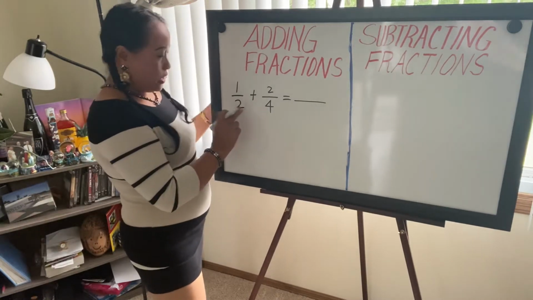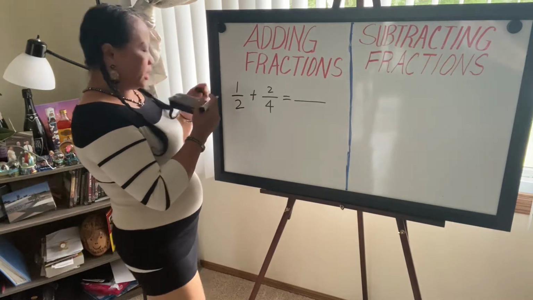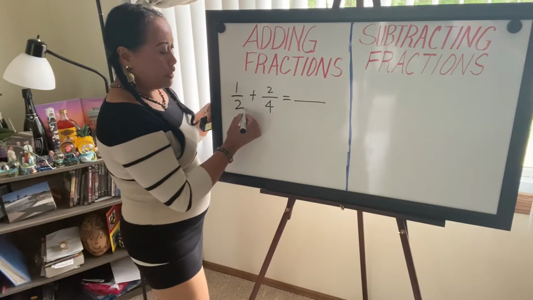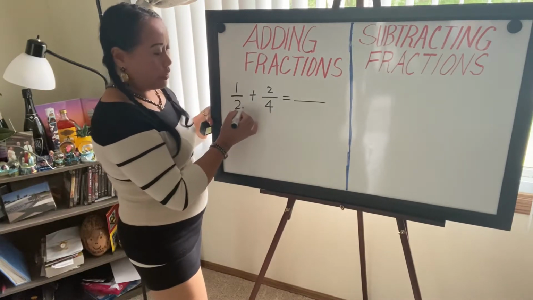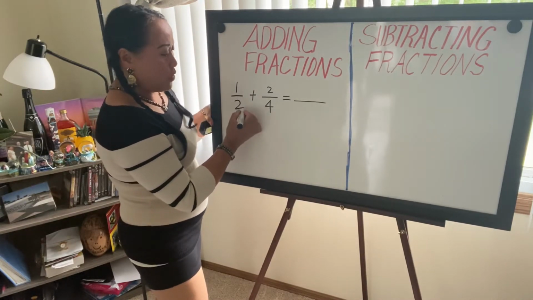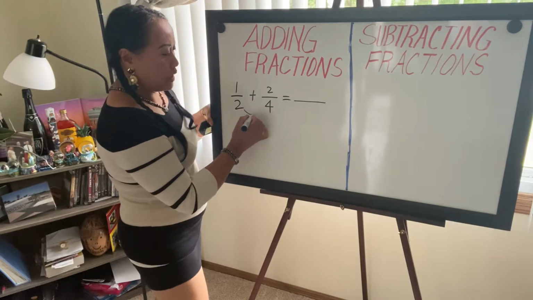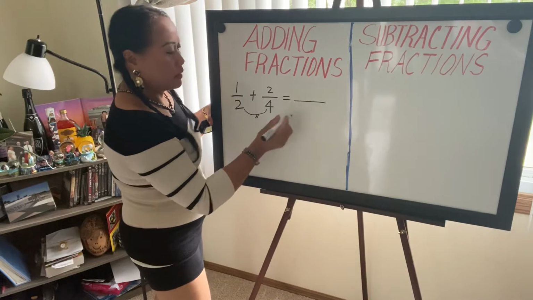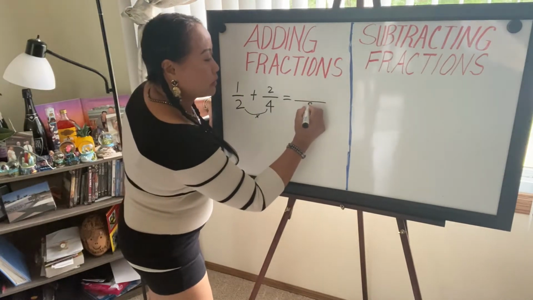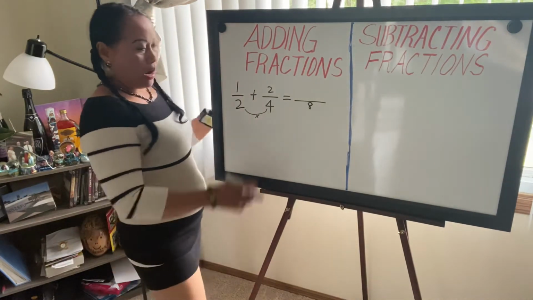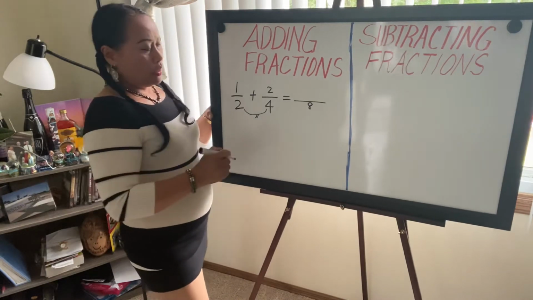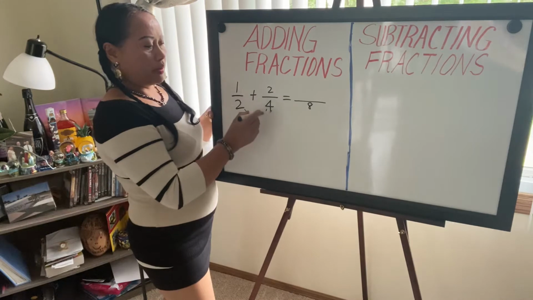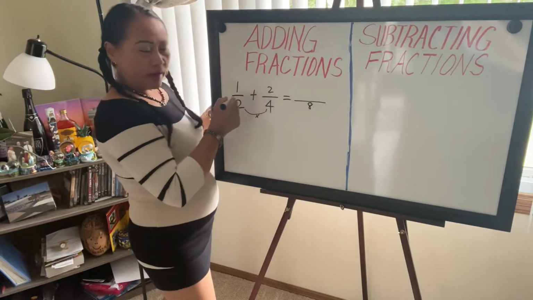If they have different denominators, you can simply multiply both numbers. 2 times 4 equals 8. Now, after multiplying this one, you multiply diagonally.